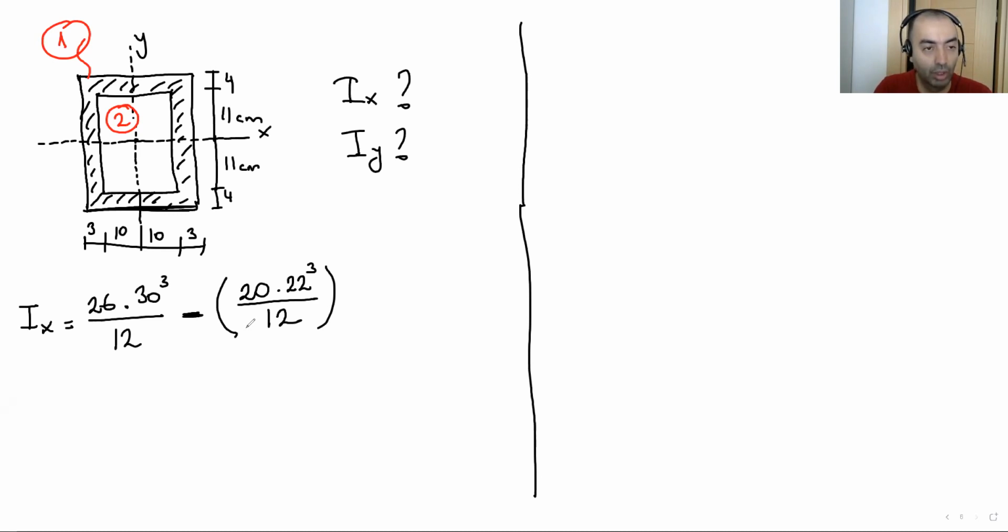So now we get the equation for Ix: we calculated the complete rectangle, then removed the opening in the middle, and we get Ix. Let me see the result.